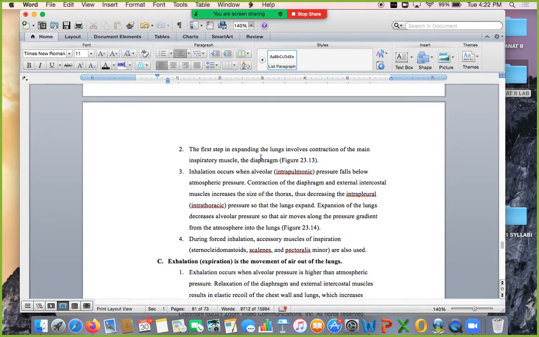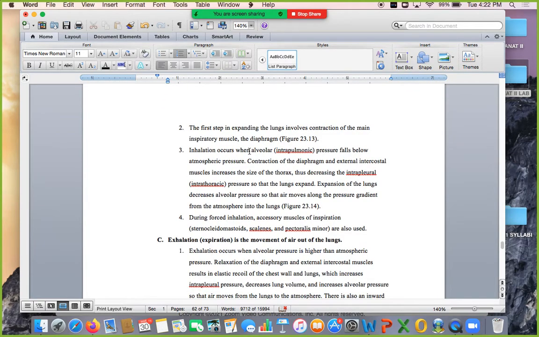So the very first step is to contract your diaphragm, which is your inspiratory muscle, which results in inhalation, when the pressure inside the alveolar sacs falls below the atmospheric pressure so that air comes in.